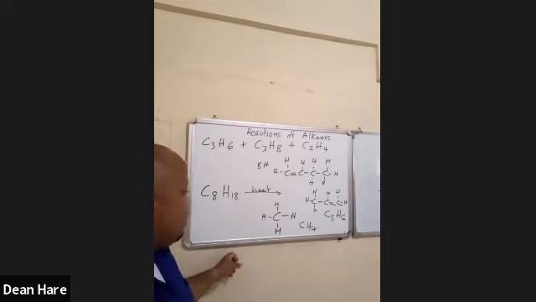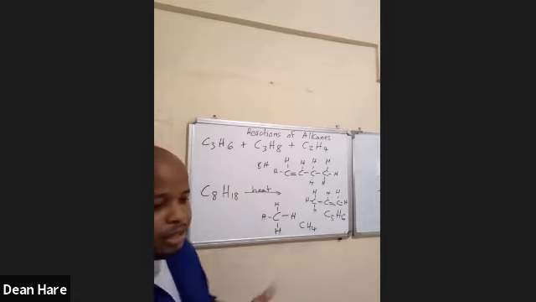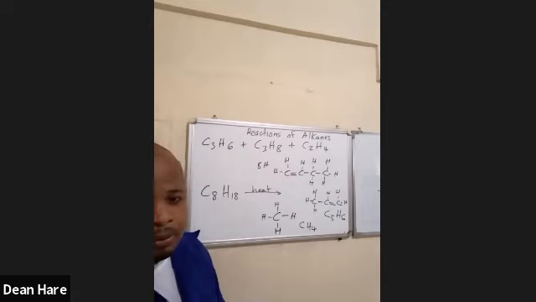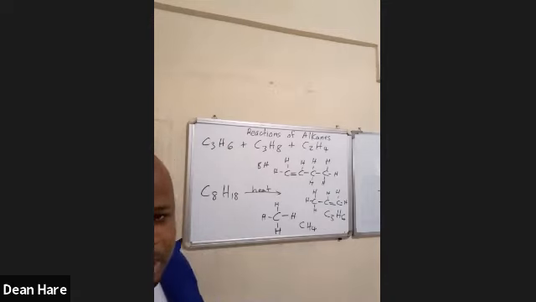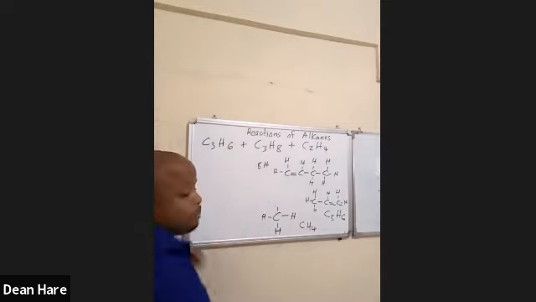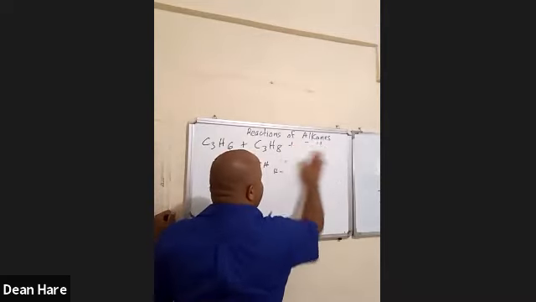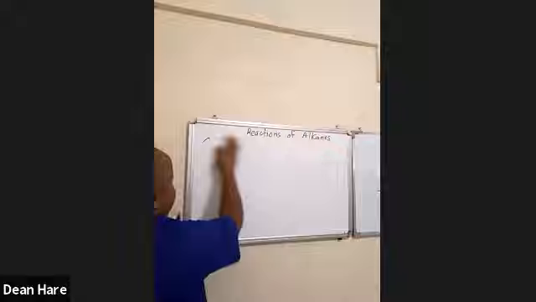So for halogenation, what is the name of the mechanism by which halogenation occurs? Free radical substitution, that is correct. And how many steps are in that mechanism? 3 steps, that is correct.